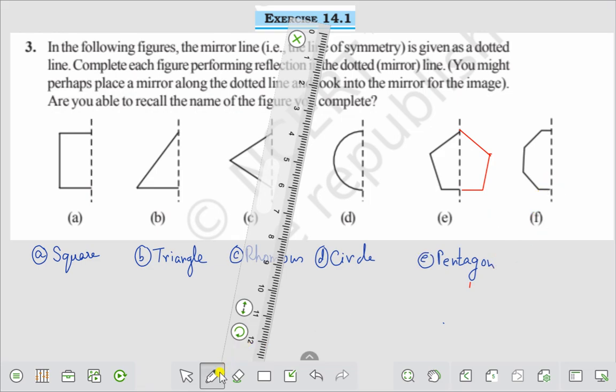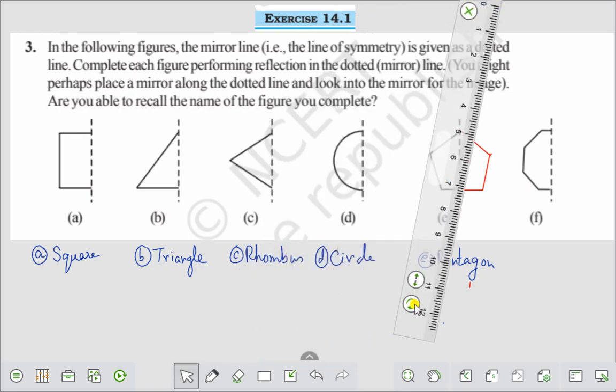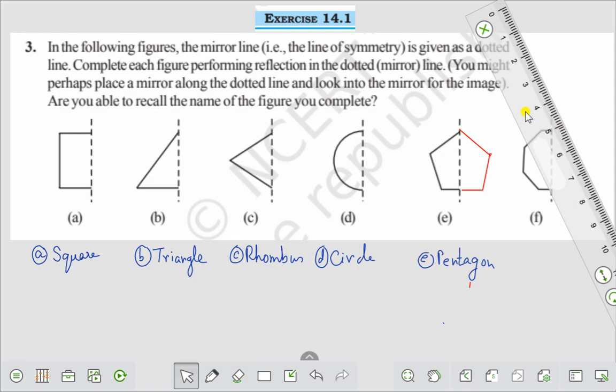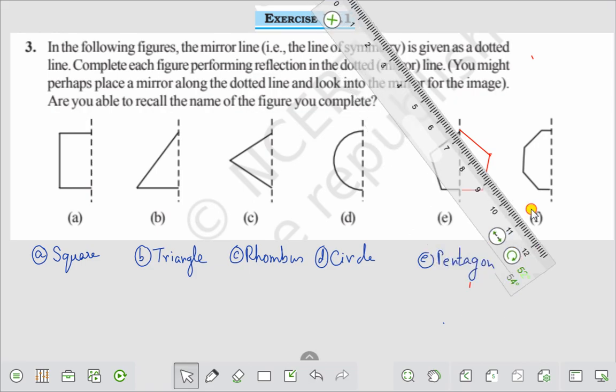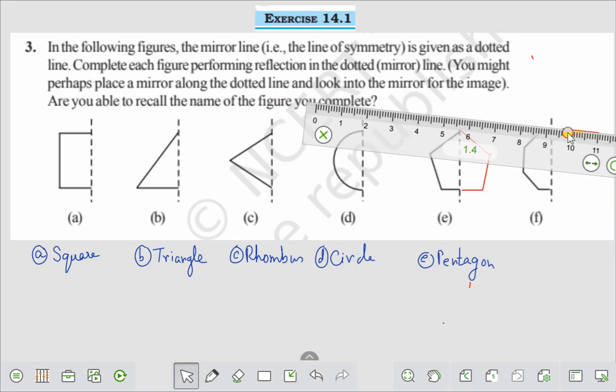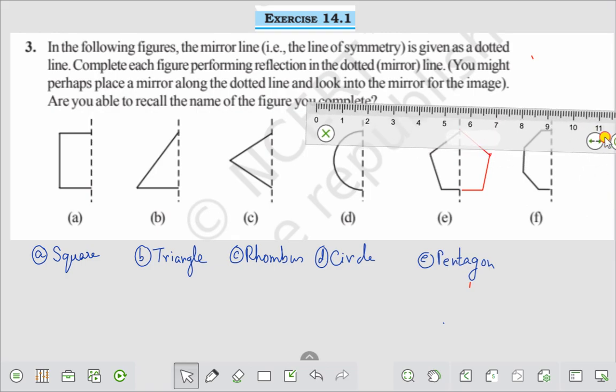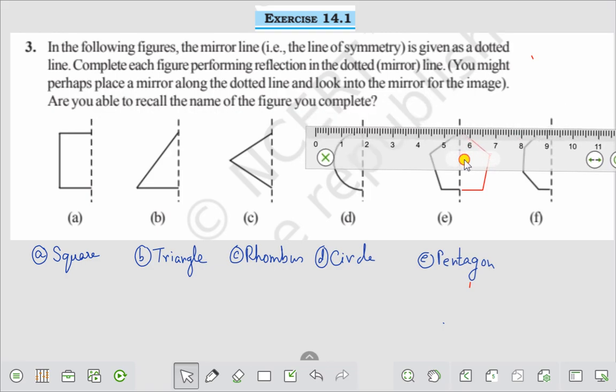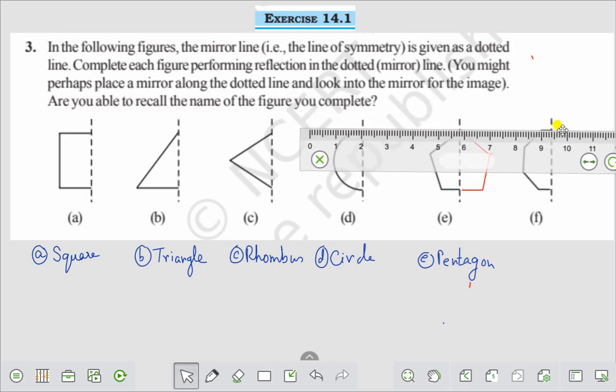And draw this figure. Let us complete this figure. If you want to complete this figure with the help of scale, you find complete in this way. That is, first of all, you draw the horizontal line. First of all, draw this horizontal line, right?